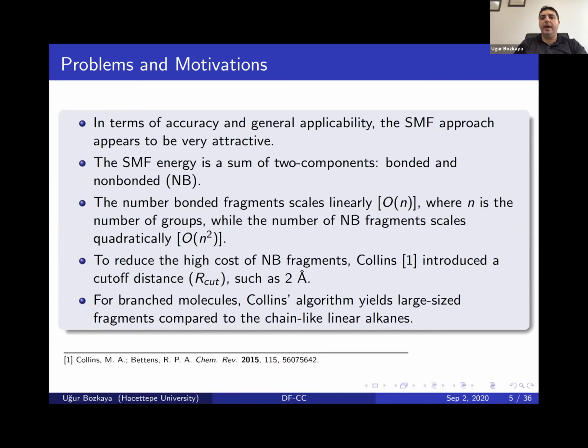If the distance between two groups of a non-abundant fragment is less than r cut, then it is treated with the electronic structure theories. If it is larger than r cut, then it is treated classically. So the Collins approach is not a pure quantum mechanical approach. Further, for branched molecules, the Collins algorithm yields large size fragments compared to the chain-like linear alkanes.